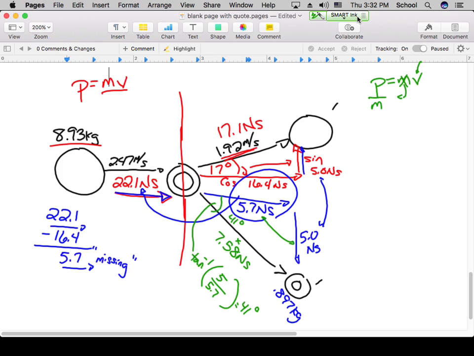So we just figured out we have 7.58 newton seconds of momentum, and we divide by the mass of the pin. We find it was going about 8.5 meters per second, 41 degrees to the right.